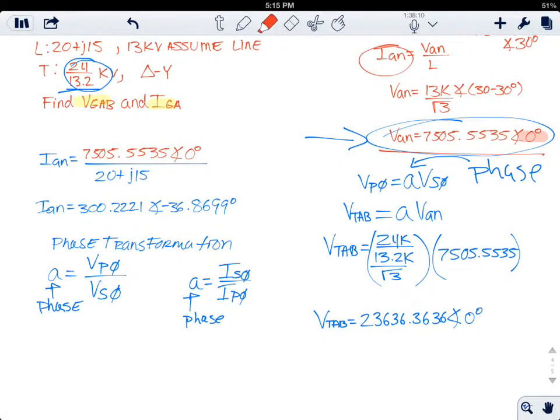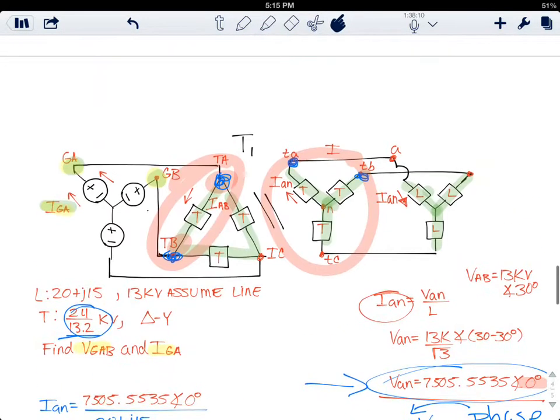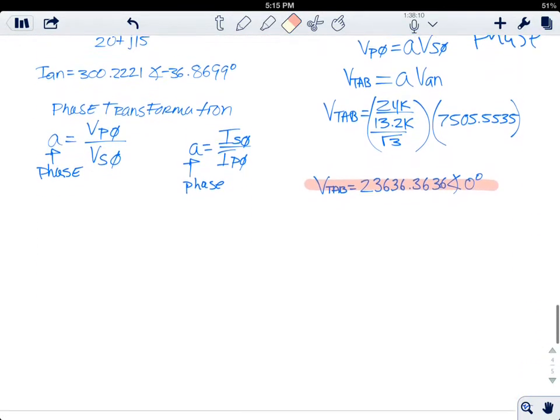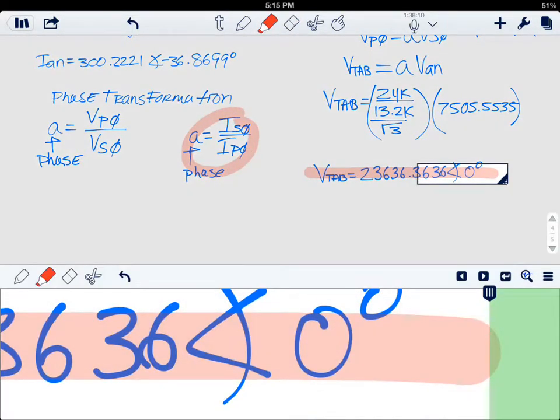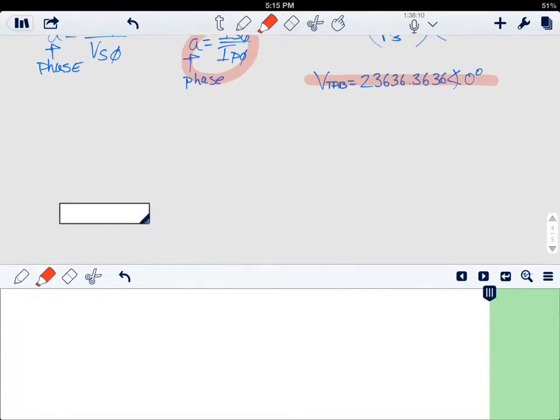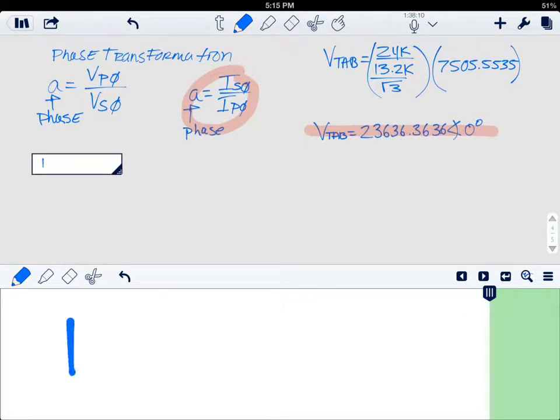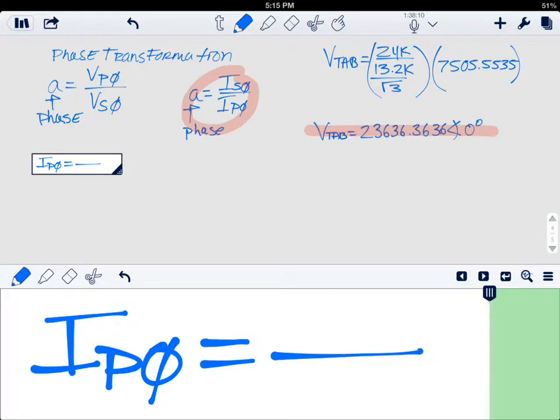Now that we have the voltage at the primary, we could now also solve for the current at the primary. And using this equation here, we solve for the phase primary current.